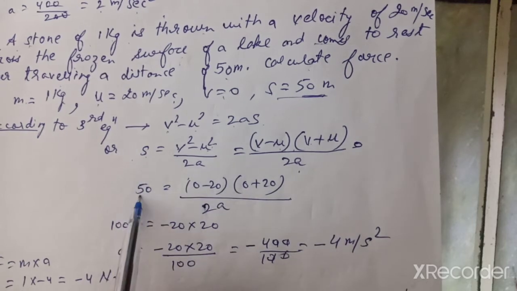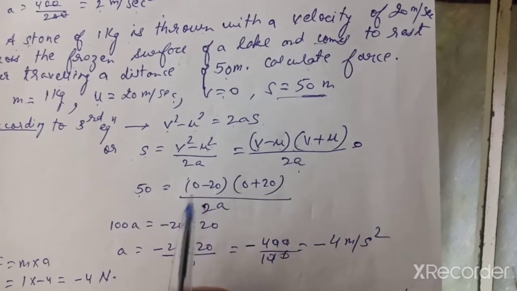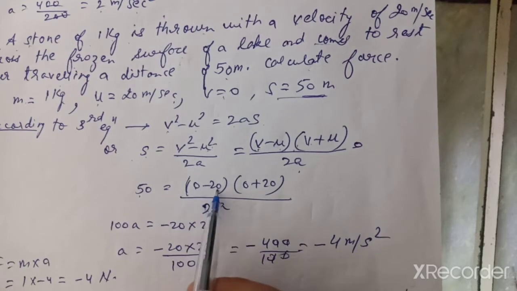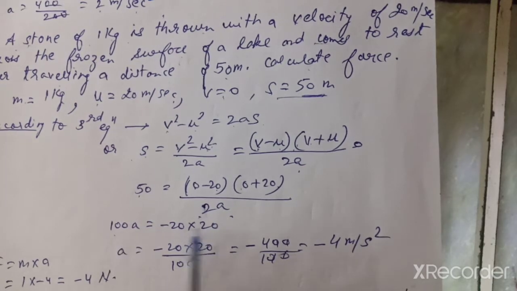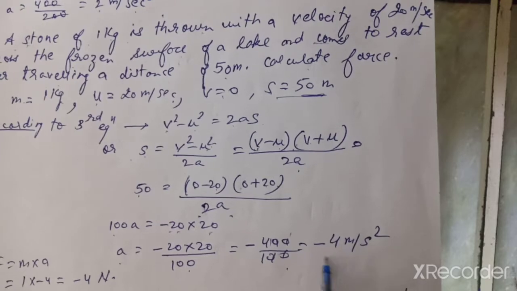As s is given as 50, v minus u is 0 minus 20 and v plus u is 0 plus 20, upon 2a. Now you have to find the value of a. When you cross multiply you will get 100a equal to minus 20 into 20. This 100 will go down and the 0s will cancel, so you will get the answer minus 4 meter per second square.